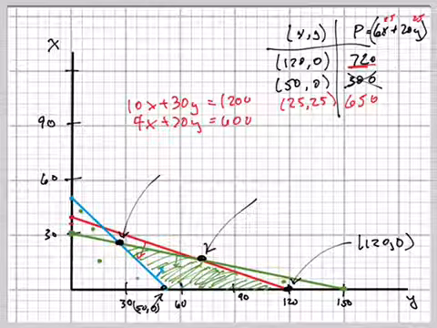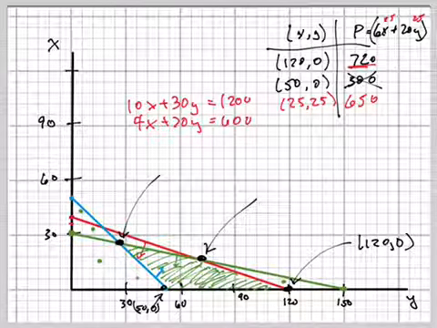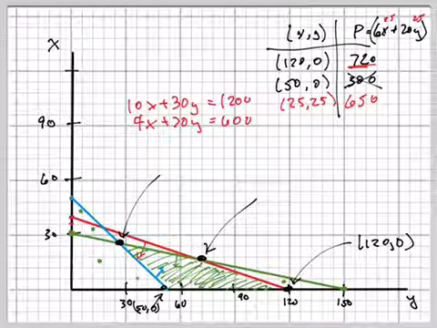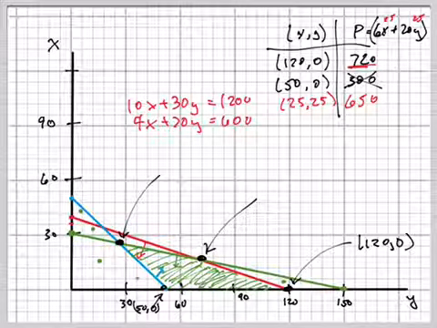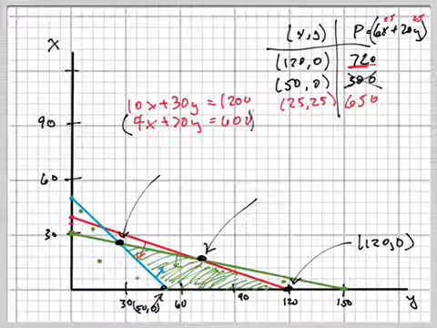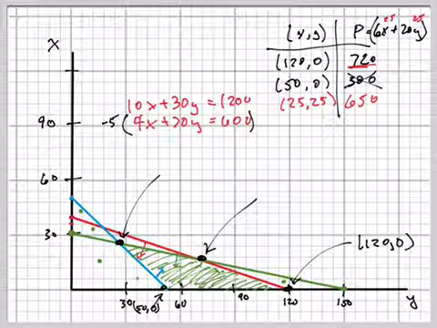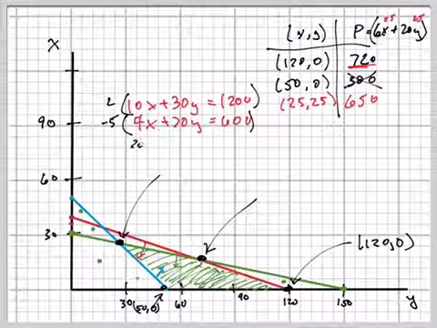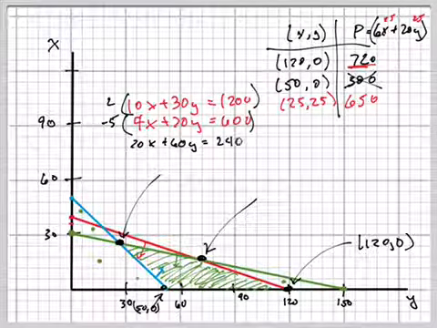Now to solve this system, it's going to be a little bit trickier because one of them isn't really a nice multiple of the other. So we're going to have to multiply both of these by something, right? Let's multiply this by 2 and this by -5, so that I get 20x plus 60y equals 2400.